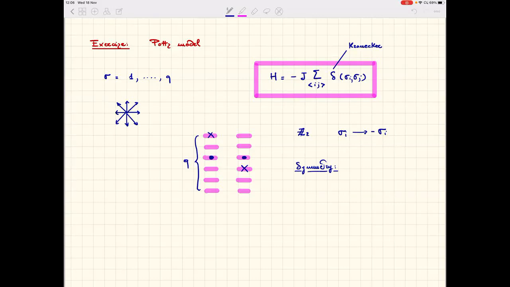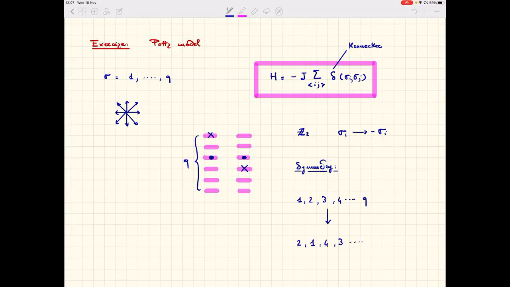Therefore, if I take my variables, let's call them 1, 2, 3, 4, all the way to q, and change the names of all of them, so for example, perform a permutation in which this 2 goes to 1, 1 goes to 2, 4, 3, etc., any permutation will leave the energy invariant, because what matters for me is if two neighboring variables are equal or not.